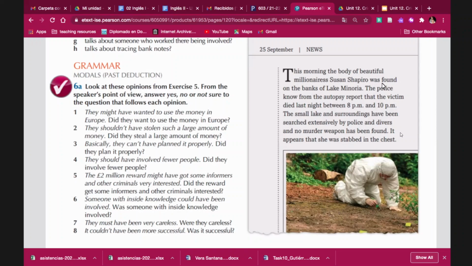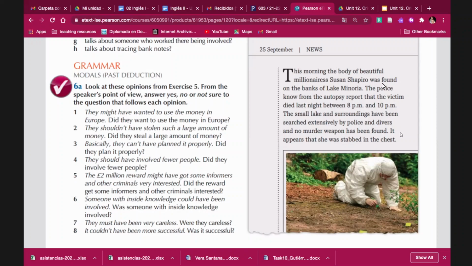Creo que no nos está quedando clara la traducción de la oración. No, because I understand that the people who say the sentence say that, yes, they know Robert stole money, no? But we don't know if it was a large or a minor amount of money. No, that's what actually the sentence is saying.